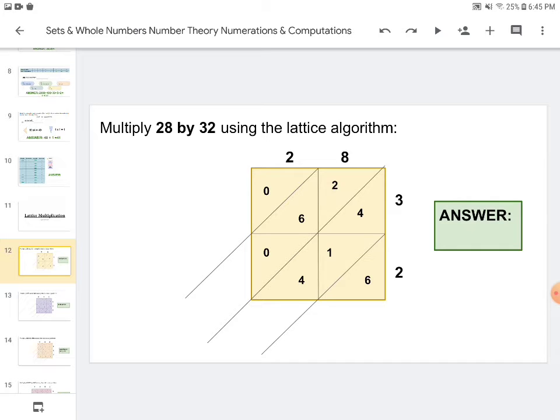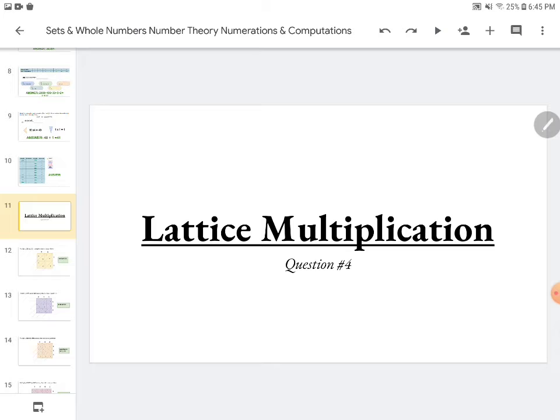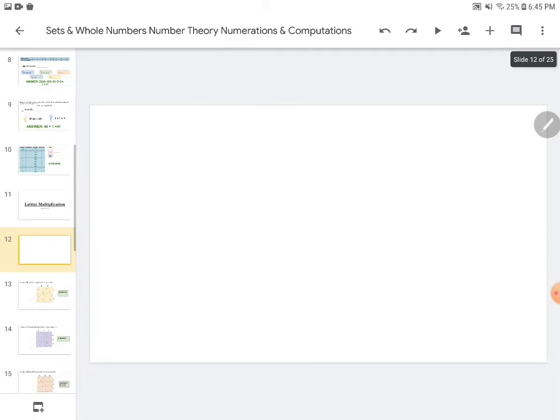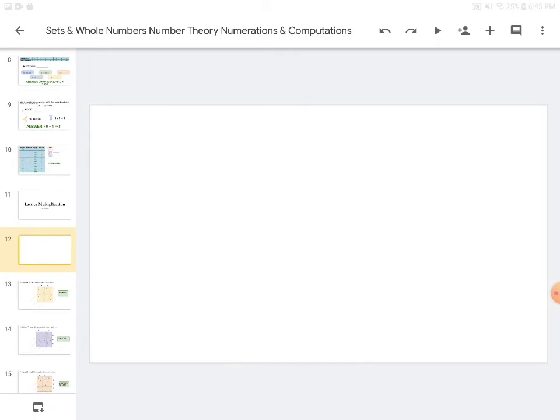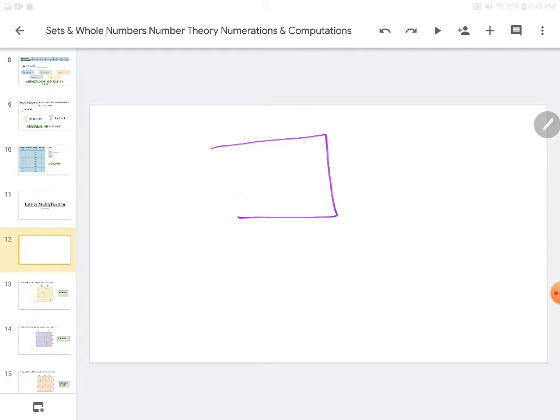Here we might actually make a slide, just to get an idea. Whenever you go to make a lattice algorithm, all you're really going to do is draw a box. Forgive my art.